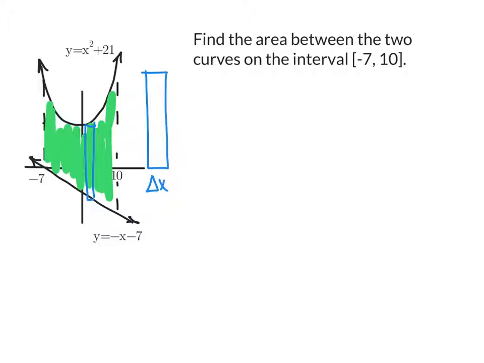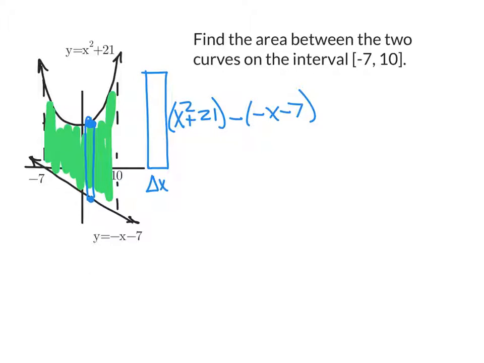And we need to come up with an expression for the height of this rectangle. Well, for any value of x, the height here is going to range between the top and the bottom. In order to do that, I'm going to take the top expression, x squared plus 21, and subtract the bottom expression, negative x minus 7.